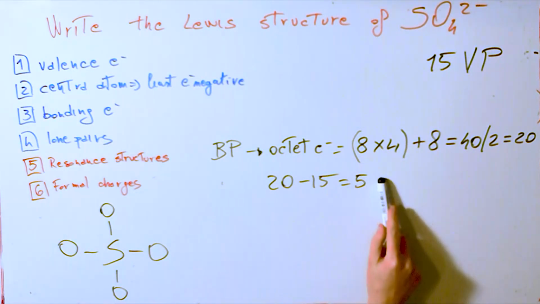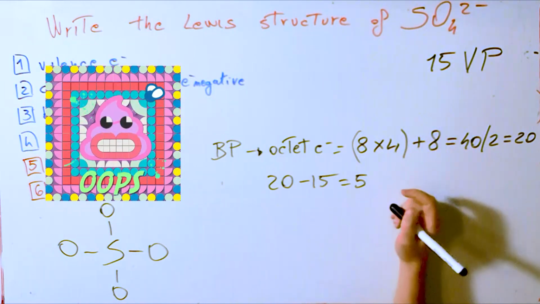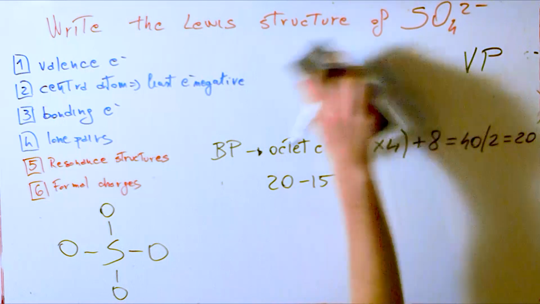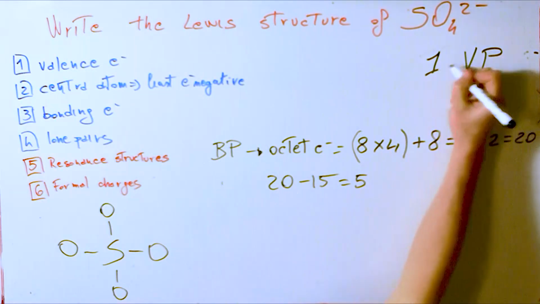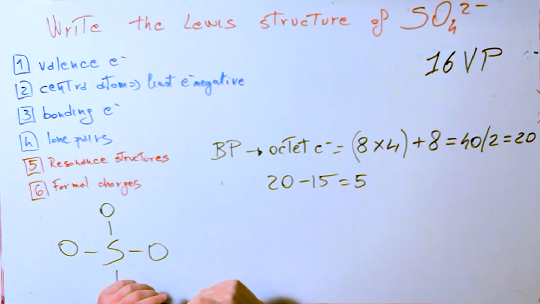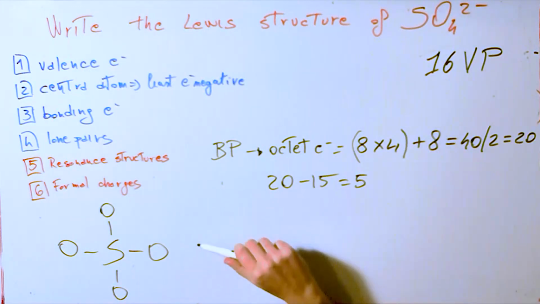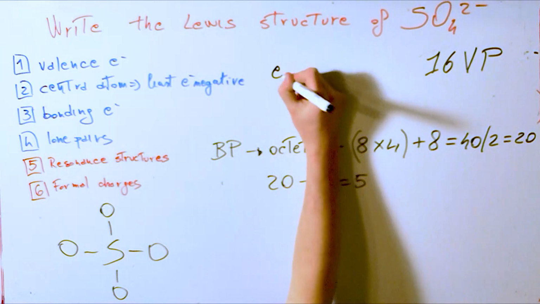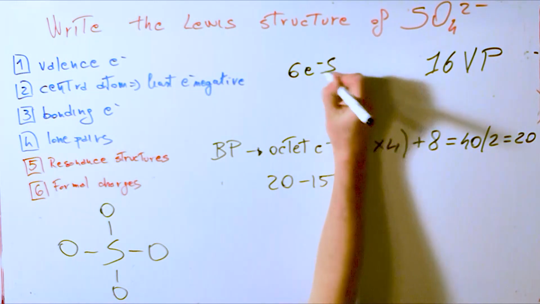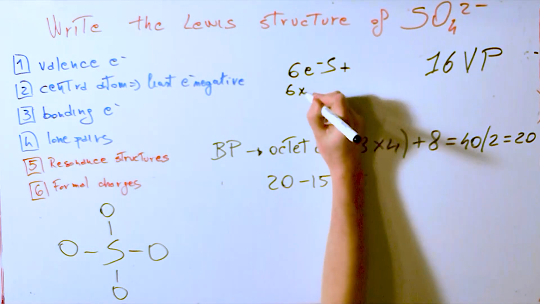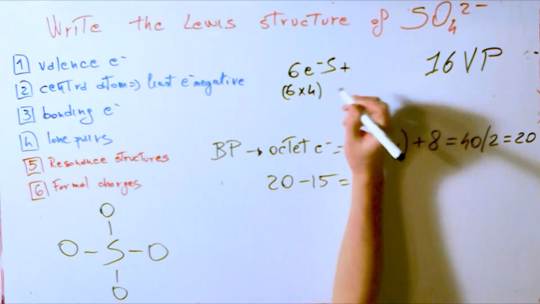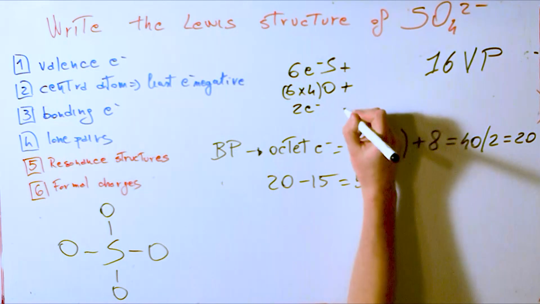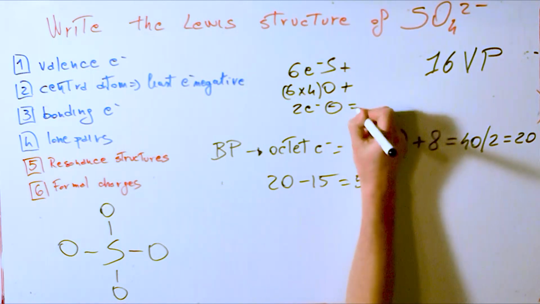Okay, actually we made a mistake here in the calculation of valence pairs, because actually the valence pairs are 16. Sorry for that. It is 16 because I forgot the negative charge. So if you repeat the calculation of valence electrons, we will have 6 electrons from sulfur plus 6 times 4 from oxygen plus 2 electrons from the negative charge.